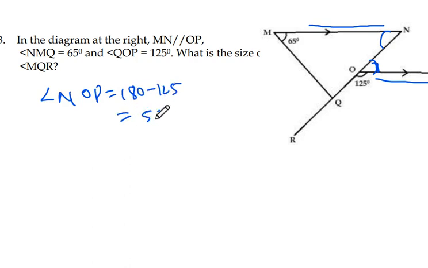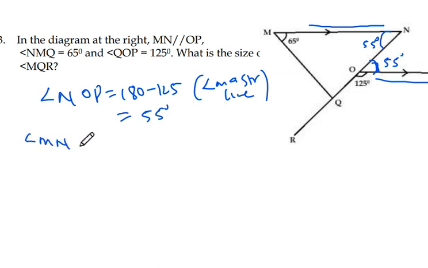That's 55 degrees. So if this is 55, this is also 55 degrees, angle on a straight line. So angle MNQ is equal to 55, alternate angles.